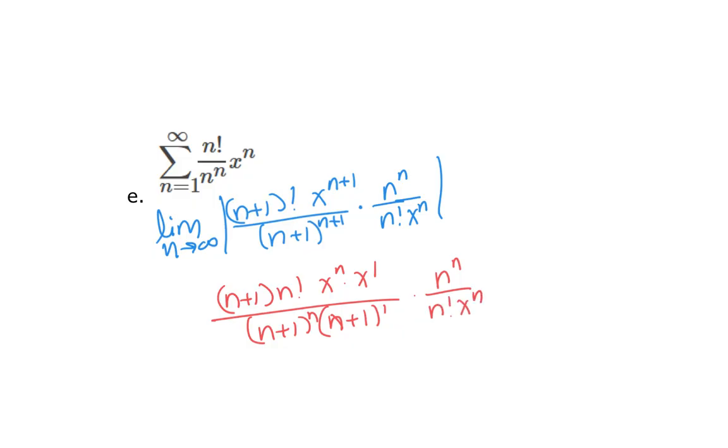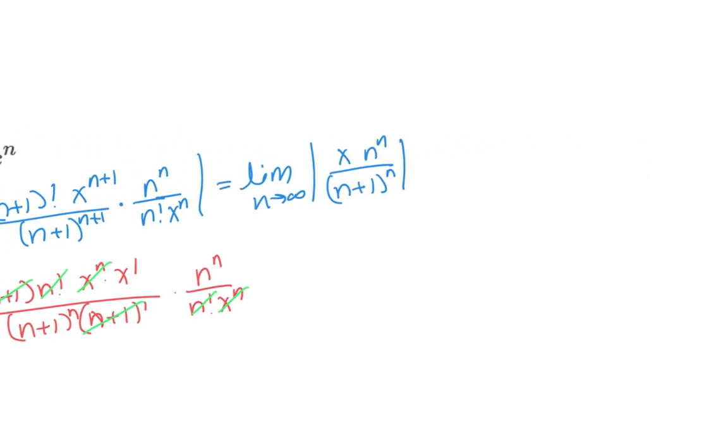Now let's start canceling stuff as we love to do. N factorials cancel, x to the n's cancel, n plus 1's cancel. So I'm left with the limit as n goes to infinity of the absolute value of x times n over n plus 1, raised to the n, which is equal to the absolute value of x, the limit as n goes to infinity of n over n plus 1 raised to the n.